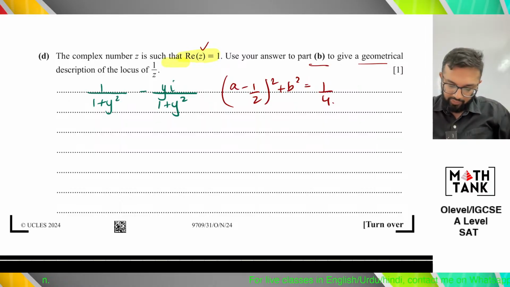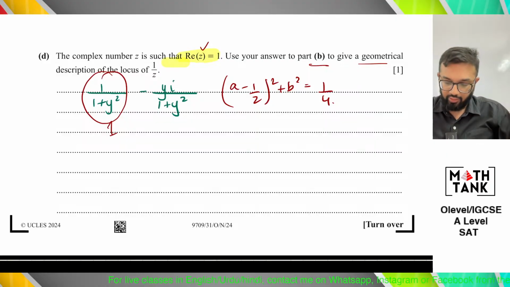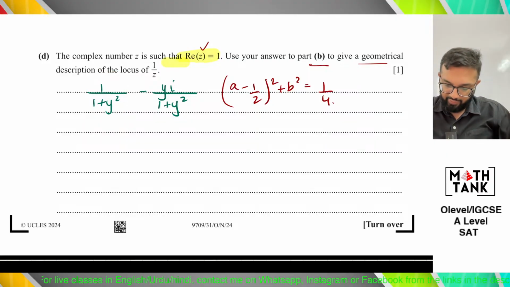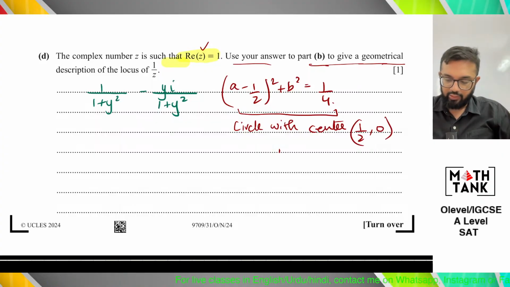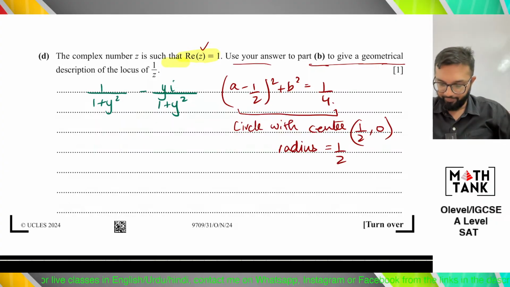The real value z is 1. So what you've proved here is the equation of a circle, if you notice this. This is the circle with center half comma 0 and radius 1 over 2.